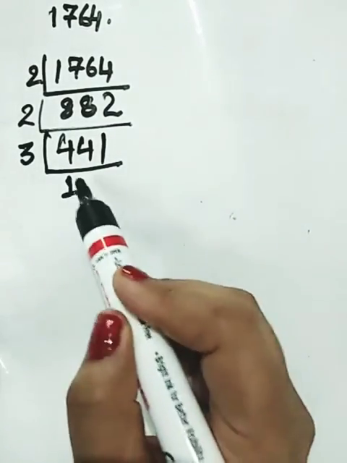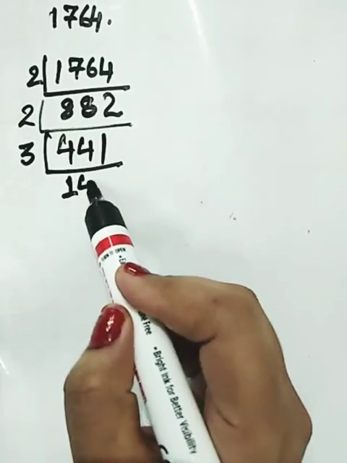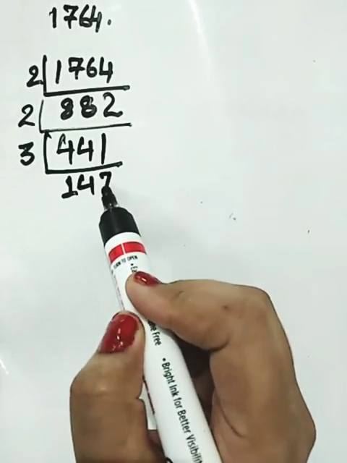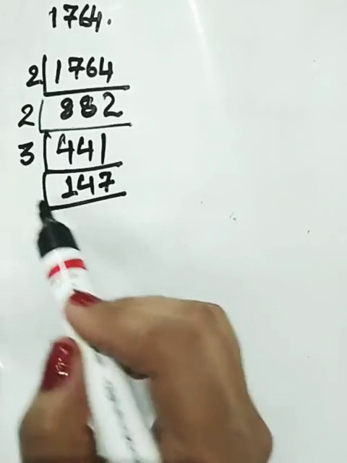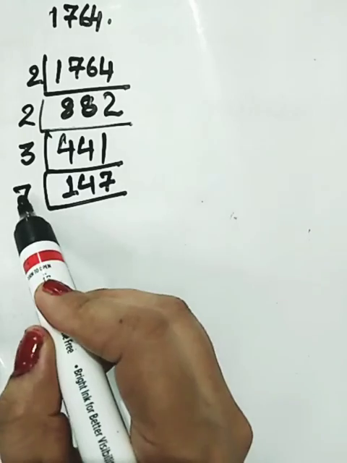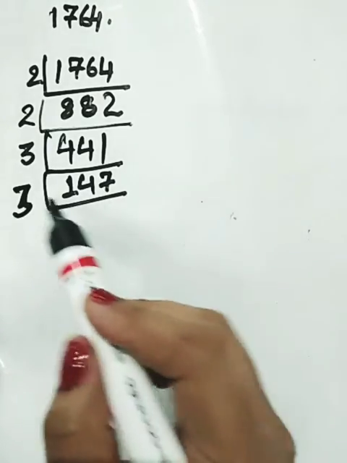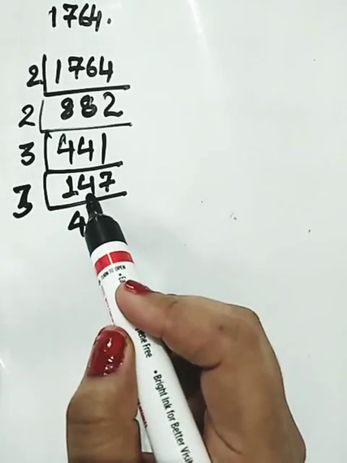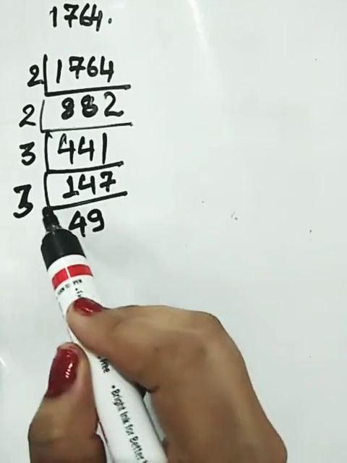3 1s are 3. 4 minus 3 is 1. 3 4s are 12. And then 3 7s are 21. Now 147, I can say, is divisible by 7. I'll again check with 3. 3 4s are 12. Yes, 2 and then 9 times.